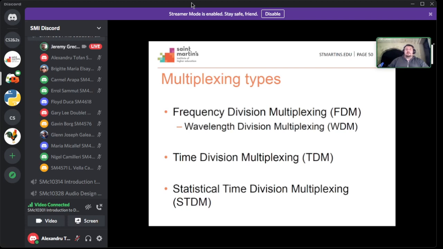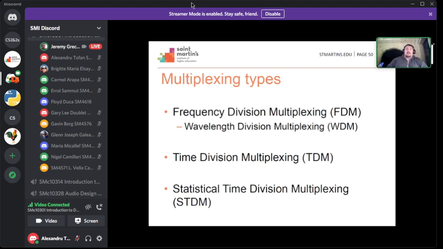Certain wavelengths of light could actually be blocked, and therefore you'd be able to receive those wavelengths that you actually want to receive at a particular end termination.